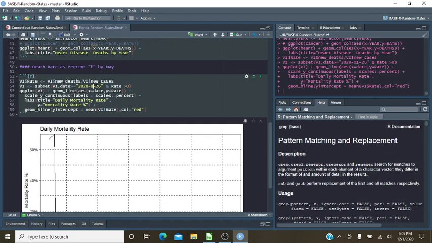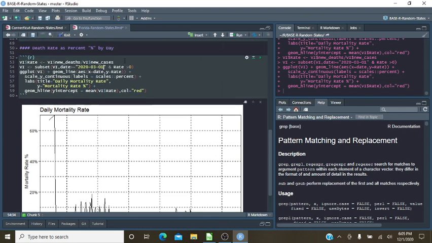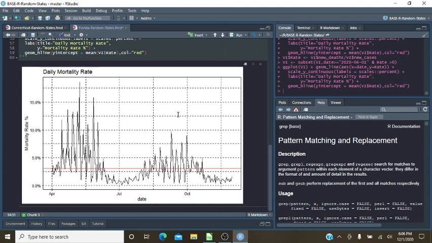Let's say 3, 0. Okay, so now we can see, let's come up here to 4. Get rid of the spike. Okay, now we get a little better picture here.